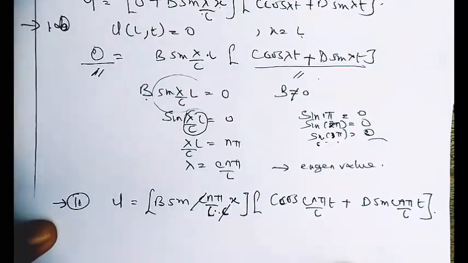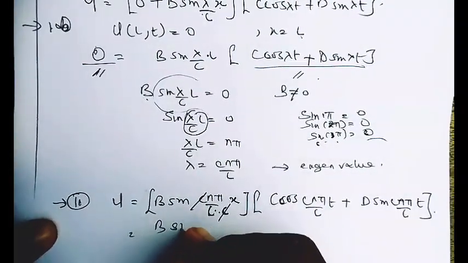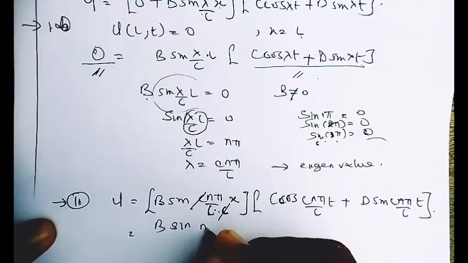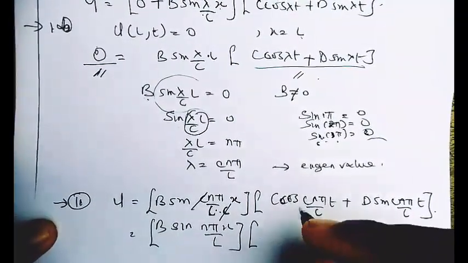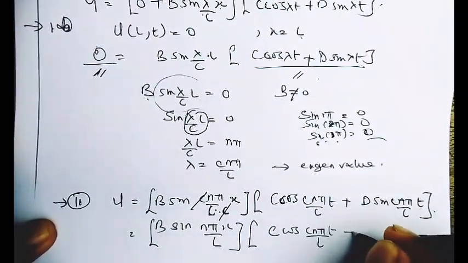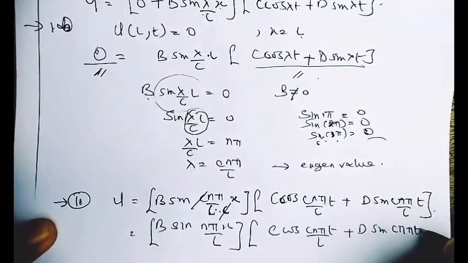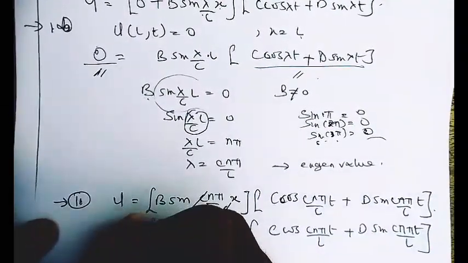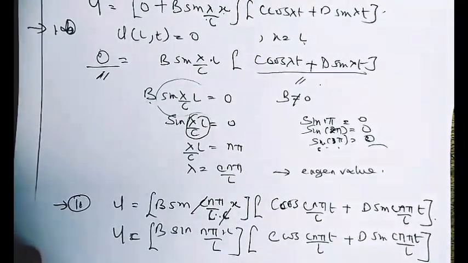So what are we left with? We are left with b sine n pi x over l, open bracket, c cos c n pi t over l plus d sine c n pi t over l. This is my updated version for u.